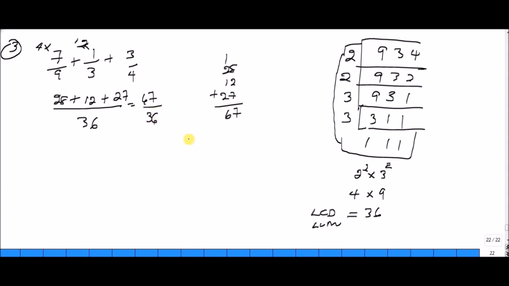But it does not end there. 36 could go into 67 one whole time with 31 remainder over 36.